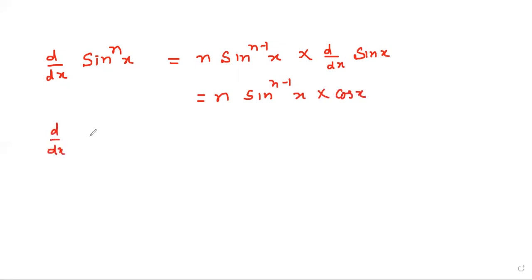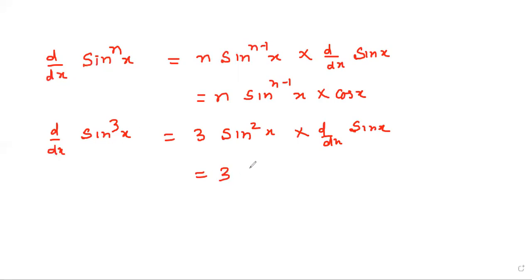Example, d upon dx of sine cube x will become 3 sine square x into d upon dx of sine x, that will give cos x. 3 sine square x into cos x.